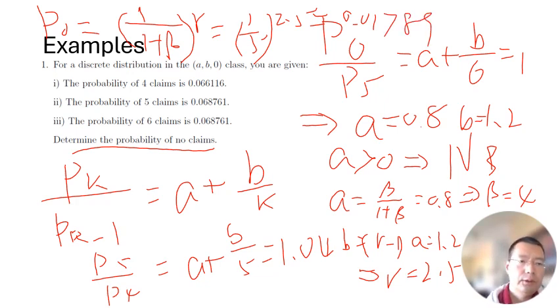So first we use this formula to figure out a and b. Then from here we can tell this is a negative binomial. And from this we can further determine β and r. Once we have β and r, we can use the formula for p0 to calculate the probability of no claims.